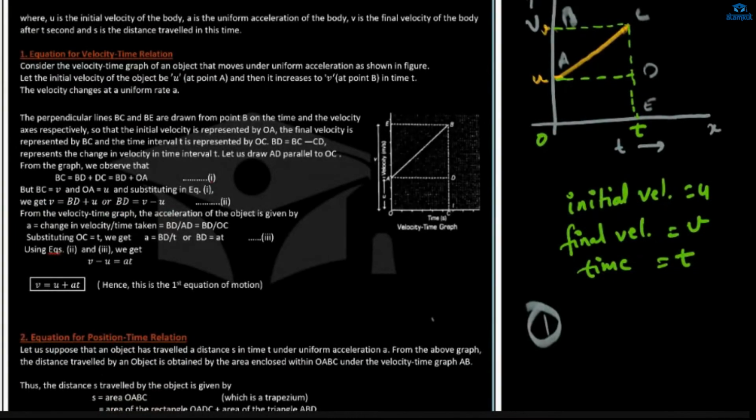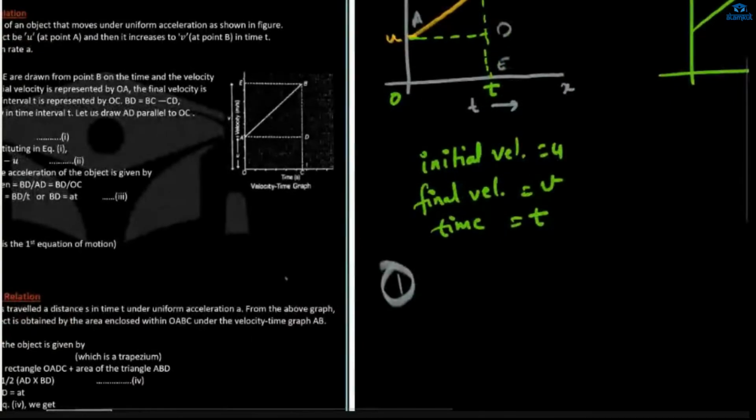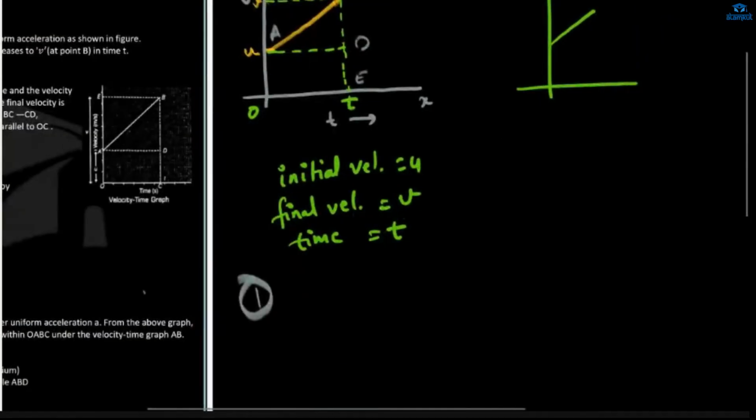So what we have to do here is find the acceleration. The formula for acceleration we have read in the previous section. What was that, Arham? It is change in velocity by time.